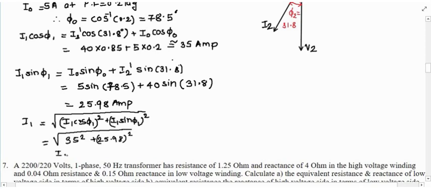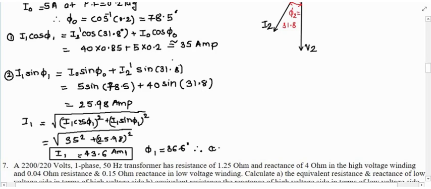So I1 you should get equals to 43.6 ampere. And if you put the value of I1 in any one of these equations, you will get the phi 1. So what is phi 1 you will get? Phi 1 you will get 36.6 degree. And therefore cos of phi 1 equals to 0.80.